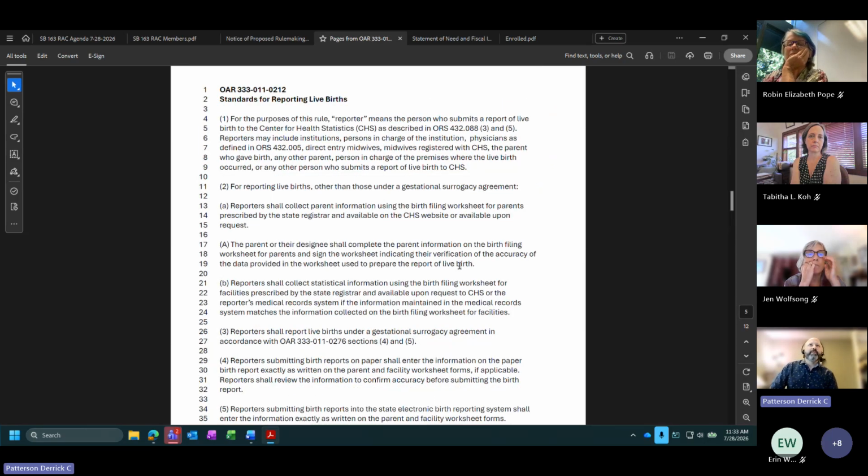Section 1, for the purposes of this rule, reporter means the person who submits a report of live birth to the Center for Health Statistics as described in ORS 432.088, 3 and 5.